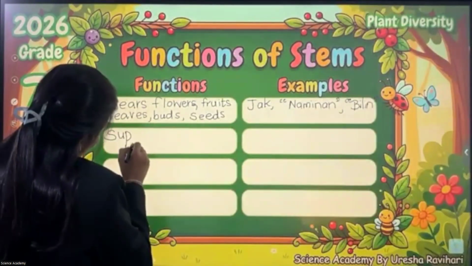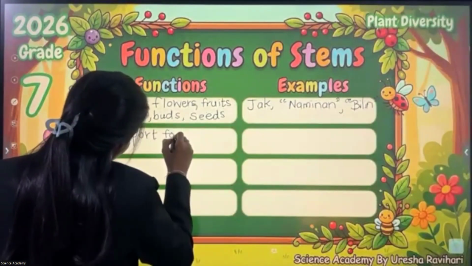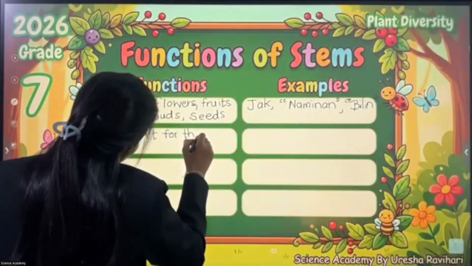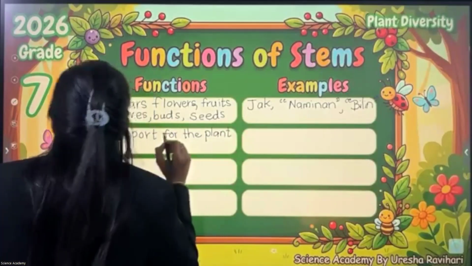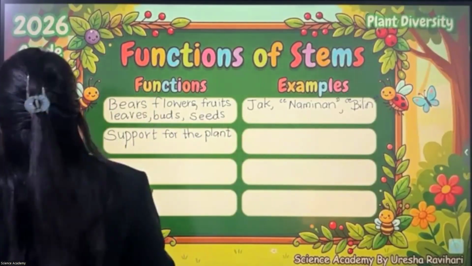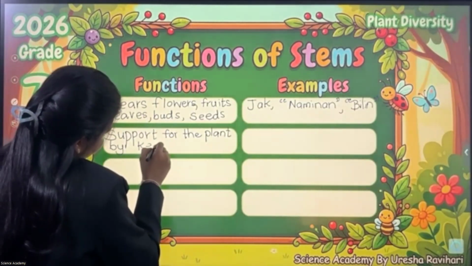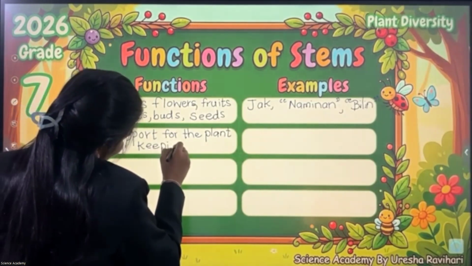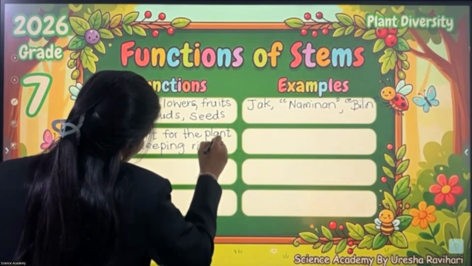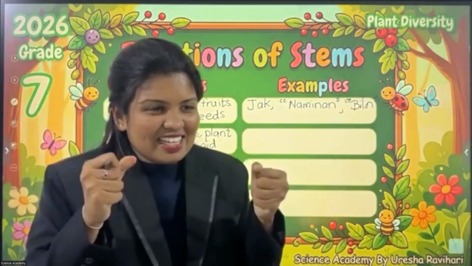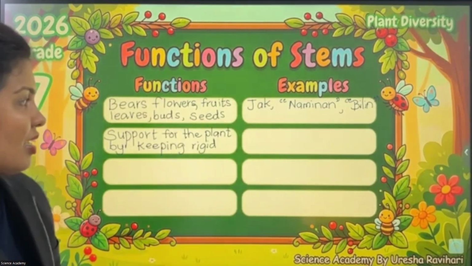Support for the plant by keeping it rigid. Rigid means it gives mechanical strength for the plant.